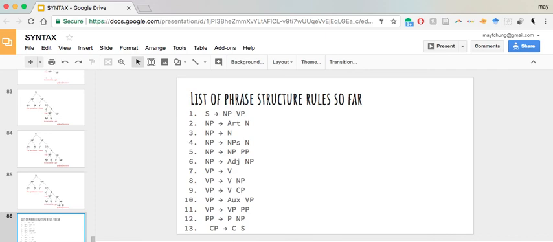You know that a sentence can split off into a noun phrase and a verb phrase. You know that noun phrases can consist of all these different things. You know verb phrases can split into these different things. You know prepositional phrases split off into a preposition and a noun phrase. And last but not least, you know that a complementizer phrase splits up into a complement and another sentence.